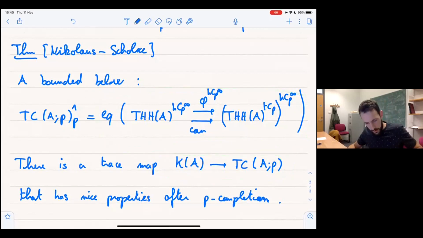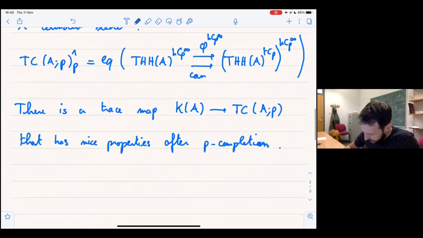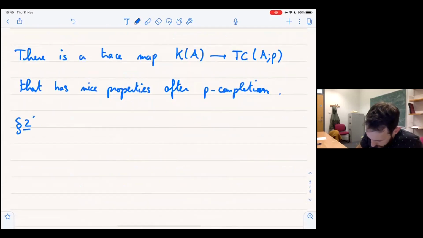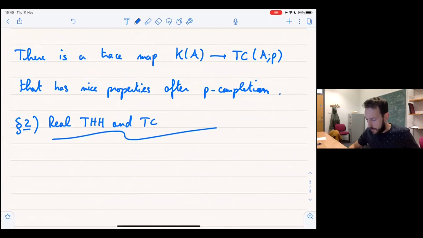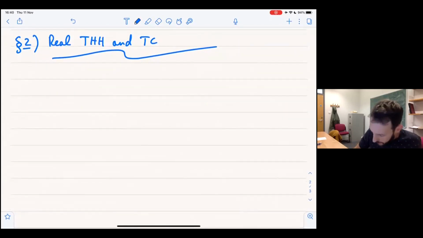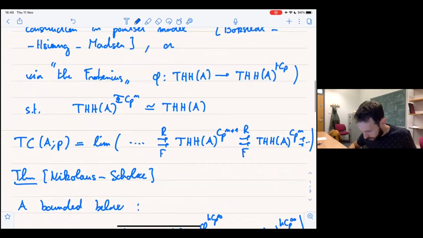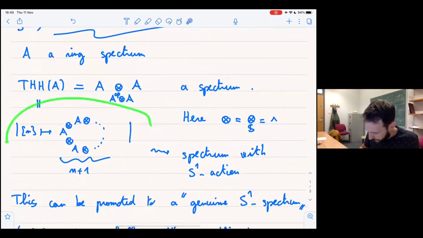Now, let me tell you what this real version of the story is about. Real THH and real TC. The idea is to lift this construction. So if we look at our bar construction at the beginning, what did we use?